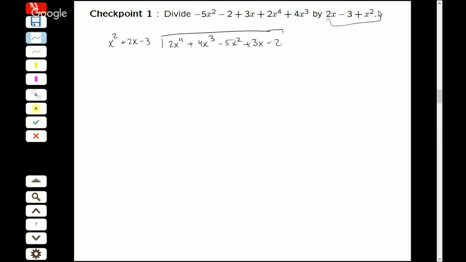And then 2x squared times 2x is 4x. And then you probably should put a plus sign. And then 2x squared times 3 is negative 6. Multiply that 2 times 3.